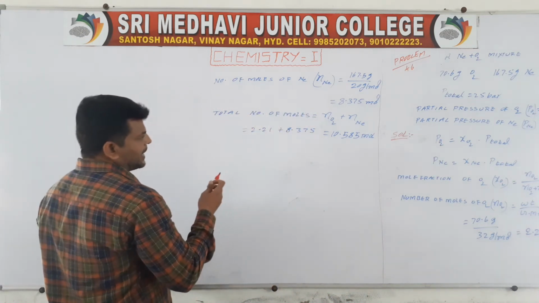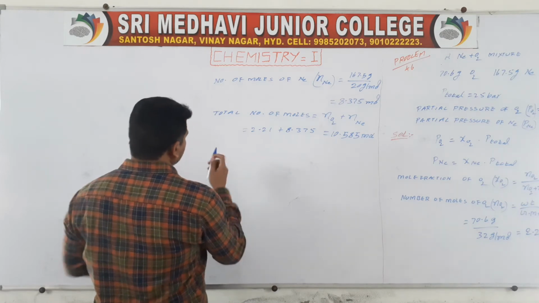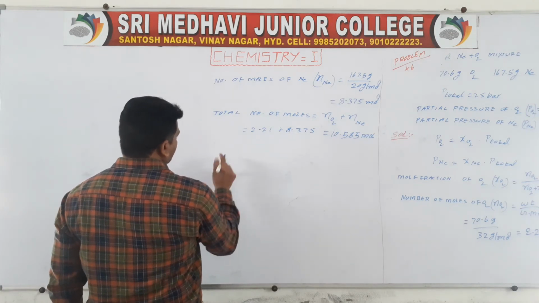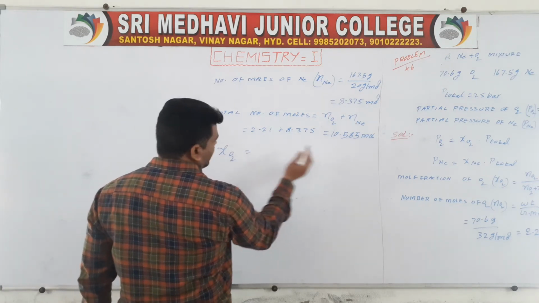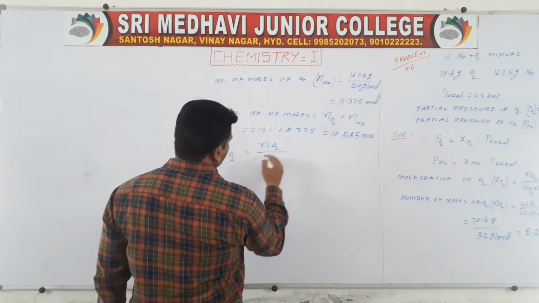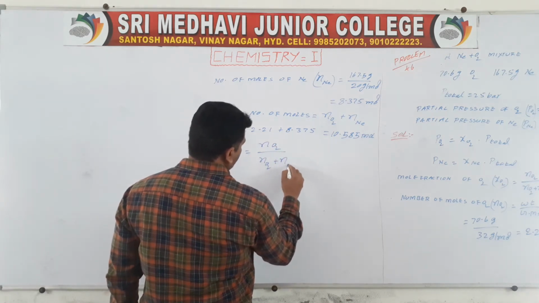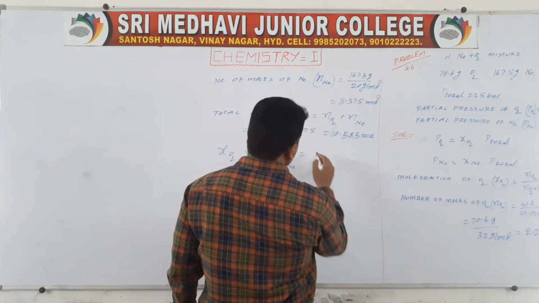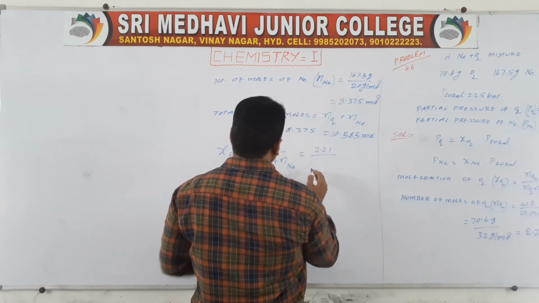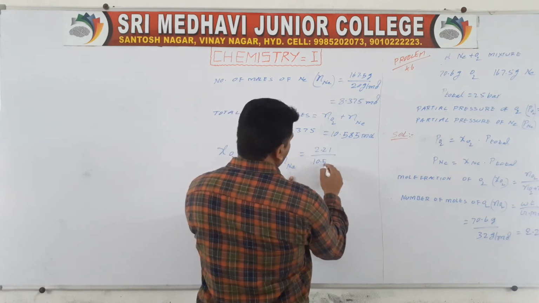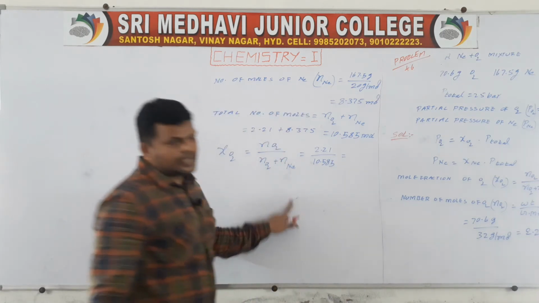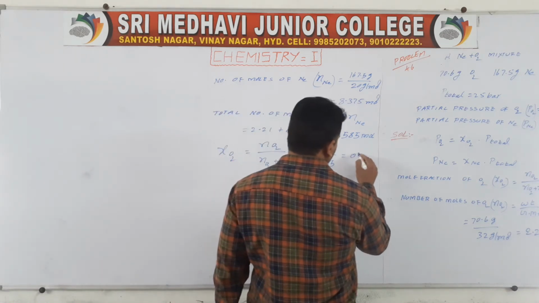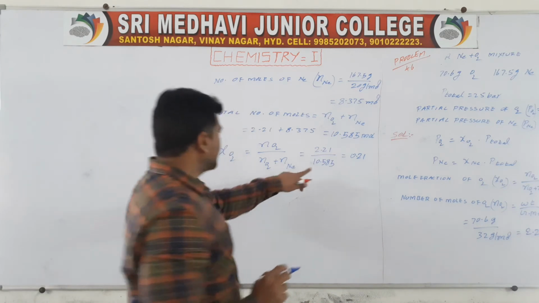Then we have to calculate XO2, the mole fraction of oxygen. XO2 equals NO2 by (NO2 plus NNe), which is 2.21 by 10.585. This is 0.21. It is XO2.